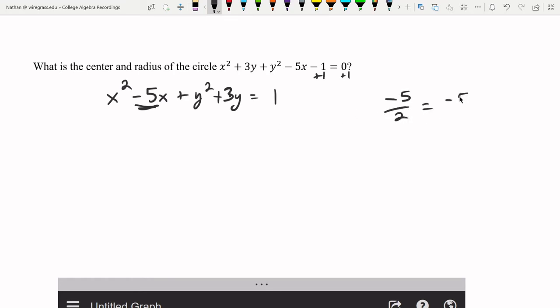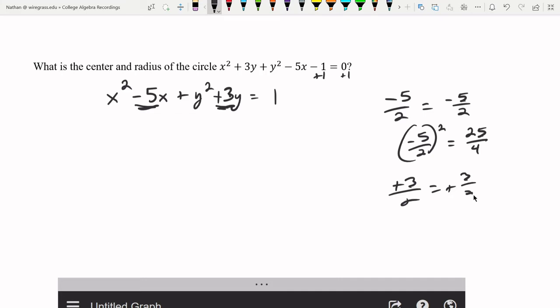This, of course, is just negative 5 halves. Then I'm going to square it. That's going to give me 25 fourths. Same process, look at the number in front of the y term, which is plus 3 over 2. That's just going to be positive 3 halves. And 3 halves squared is 9 fourths.